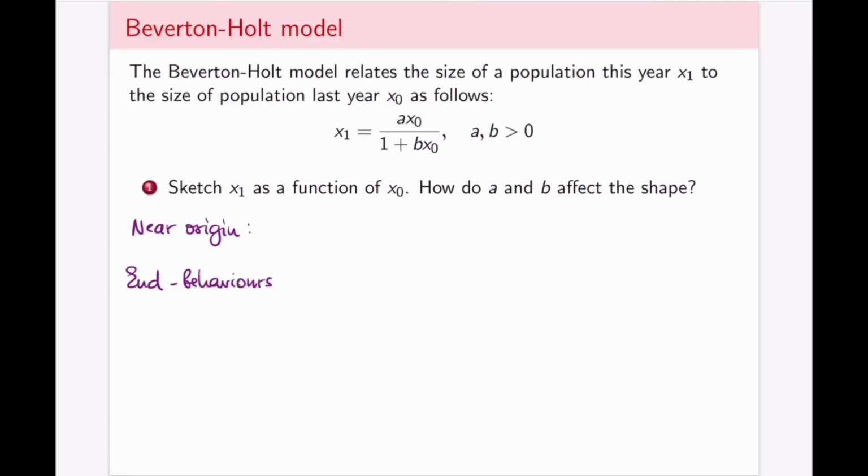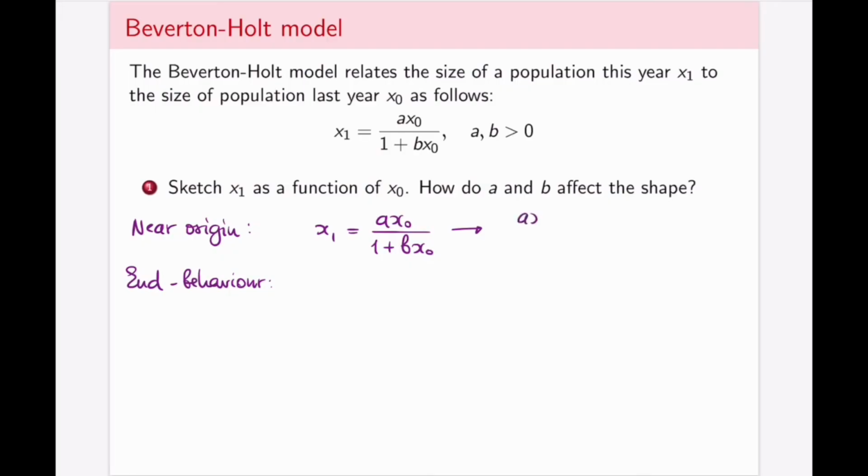So what do I have here for x1? Let me rewrite this: ax0 over 1 plus bx0. So what am I going to see near the origin? Near the origin is where I care about the small values of x, which means I care for smaller powers of x.